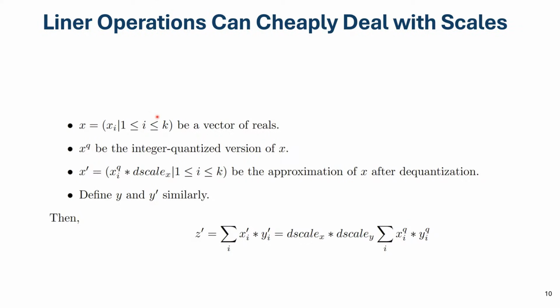Now, I had all those fractions, presumably they were needed, so I still have to have some ability to recover them. So now we have X prime vector. This is really what you get when you take your integer quantized vector and dequantize it, to go back to real number representation. And the idea is that you have some scale factor, in this case, decode scale X for vector X. I'm going to take my vector of integers and multiply each integer value with that scale factor.